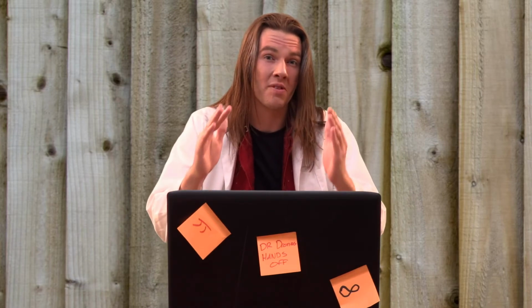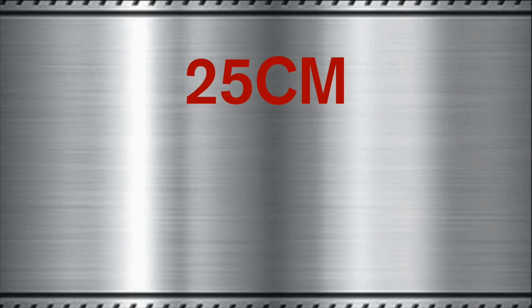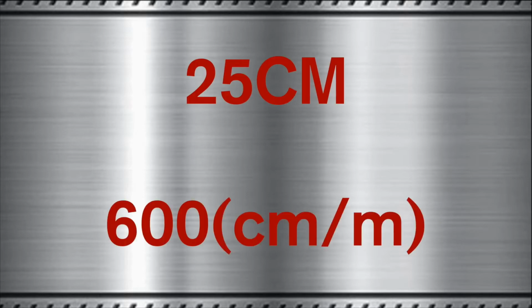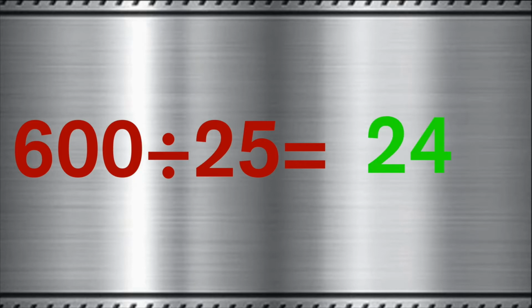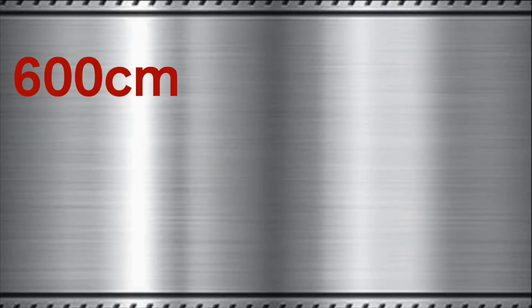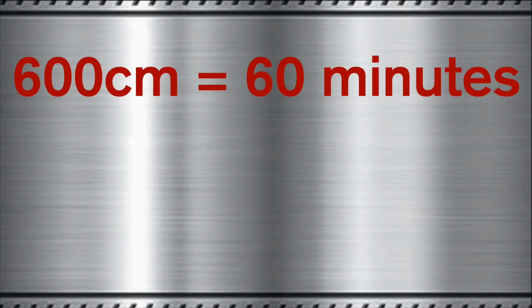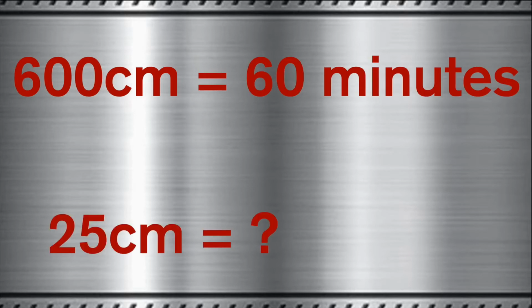For example, how long would it take Eve to travel 25 centimeters at top speed? First, we must work out how many times 25 goes into 600, Eve's top speed. The answer is 24. Now, we need to divide up the time it takes Eve to travel 6 meters, 1 minute, so it matches the smaller distance. We can do this by taking our new number, 24, and dividing the minute by that.